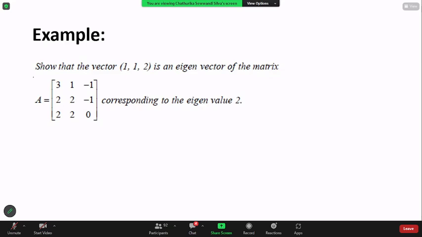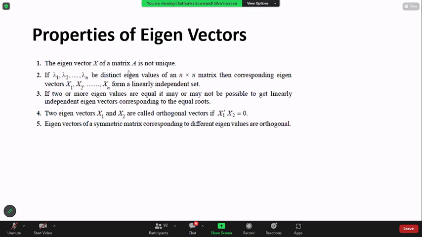Usually this kind of question is given as a matrix, and first you need to find eigenvalues. Then you need to find the separate eigenvectors corresponding to the 3 eigenvalues. We'll see how to do that.